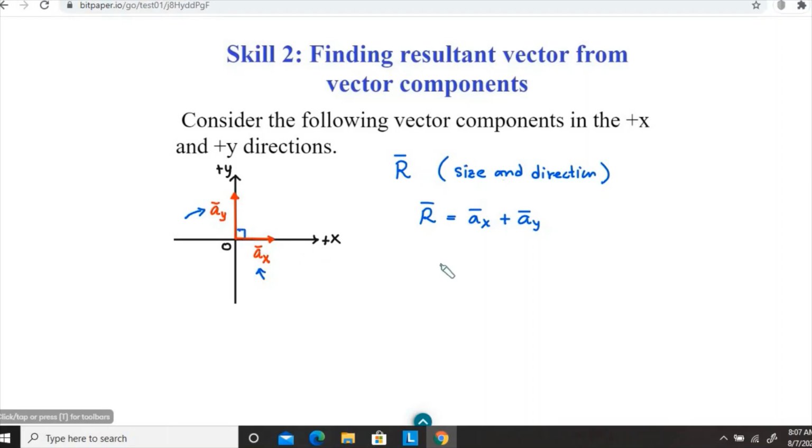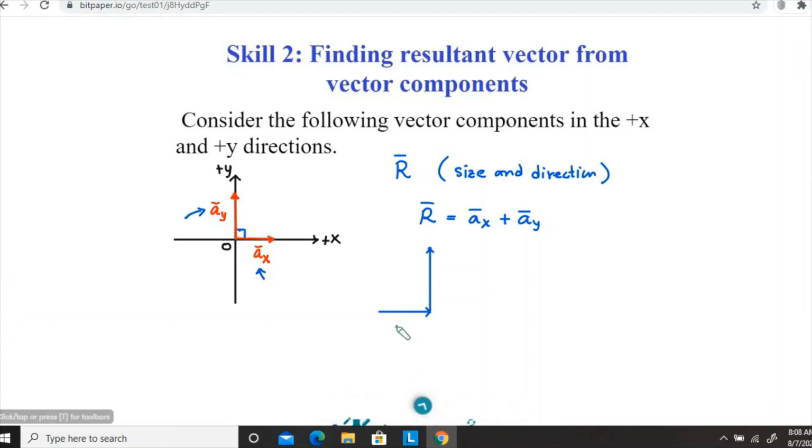So I'm going to use the graphical method where I'm going to slide these vectors. So let me slide ax vector to a position like over here, and that's my ax vector. And then I'm going to slide the ay vector such that its tail nicely fits the head of the ax vector. So like that. So that's my ay vector.